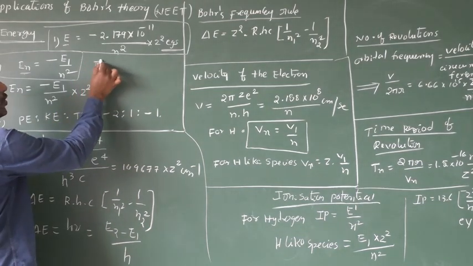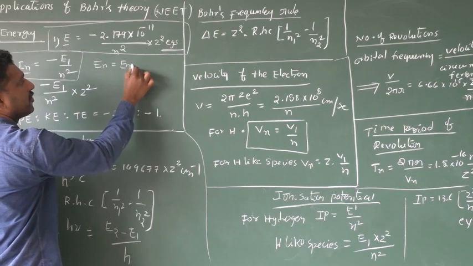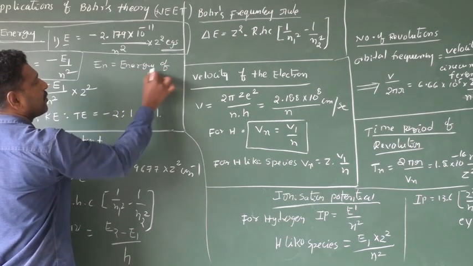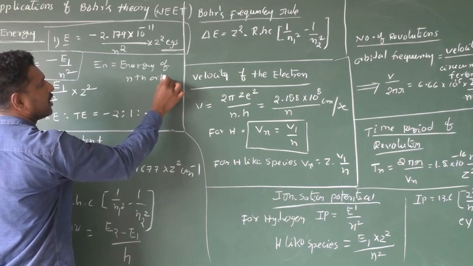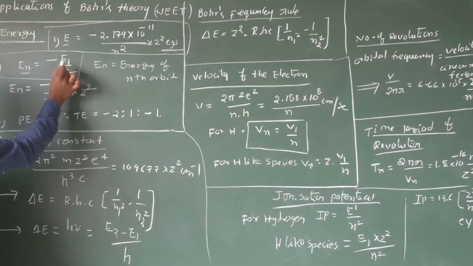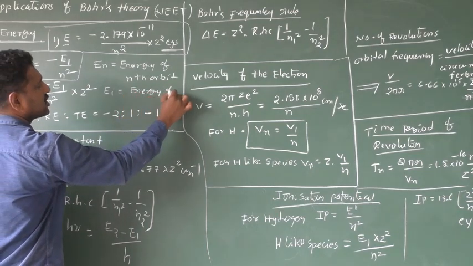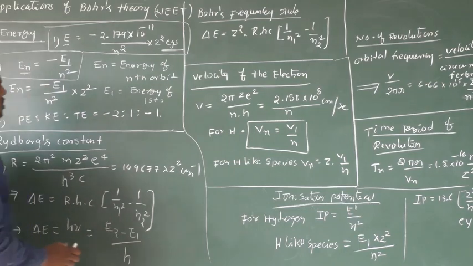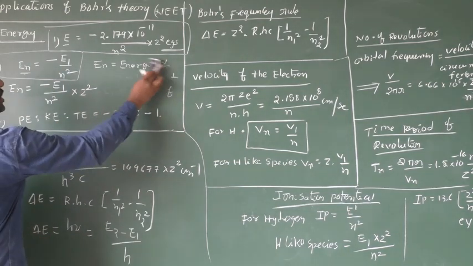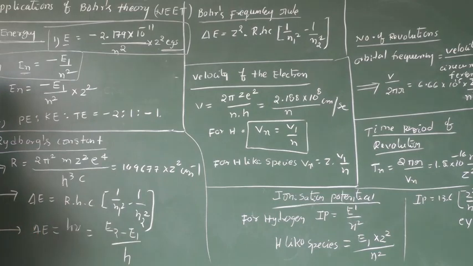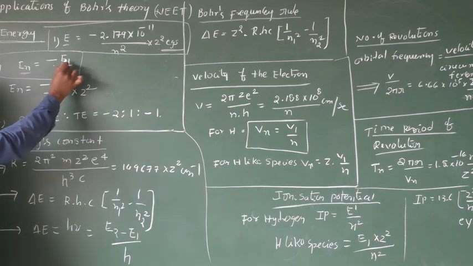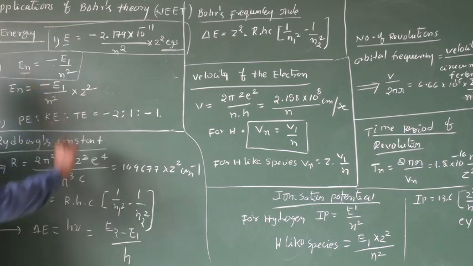Here En is the energy of the nth orbit, E1 is the energy of the first orbit, and n is the principal quantum number. For example, for the energy of the third orbit, we substitute E3 here, the first orbit energy here, and 3 square here.